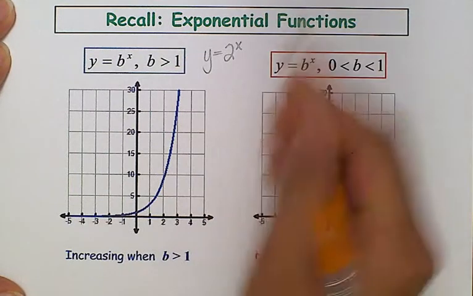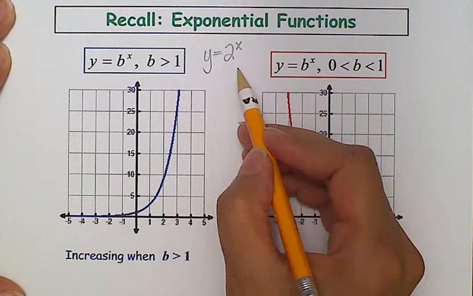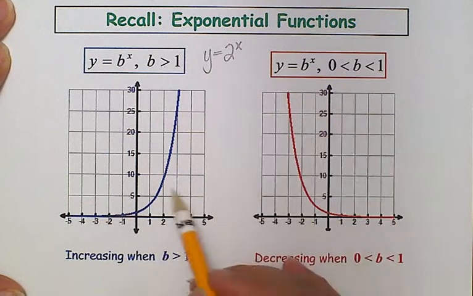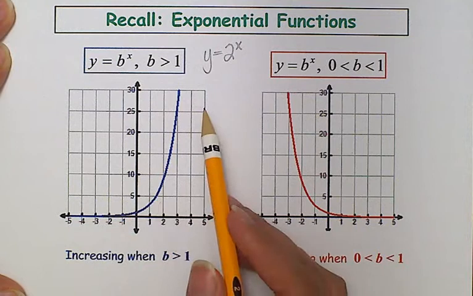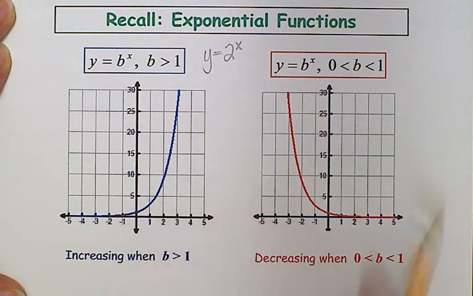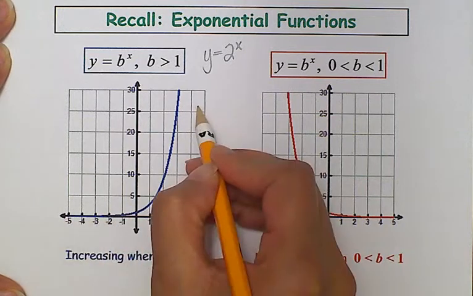As I multiply 2 by itself more and more, the value of y gets larger and larger. And so what you end up getting is a graph that is increasing from left to right. We always talk about increasing and decreasing as we look at the graph moving from left to right. Okay? So you'll notice that the y values are getting higher as you move across.